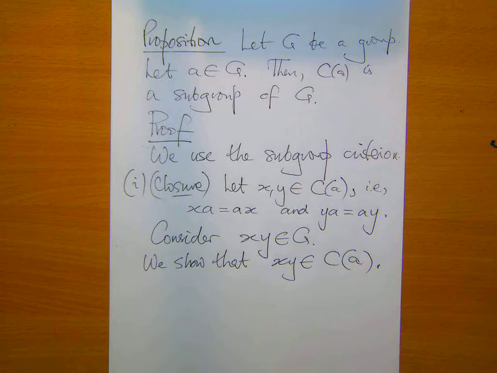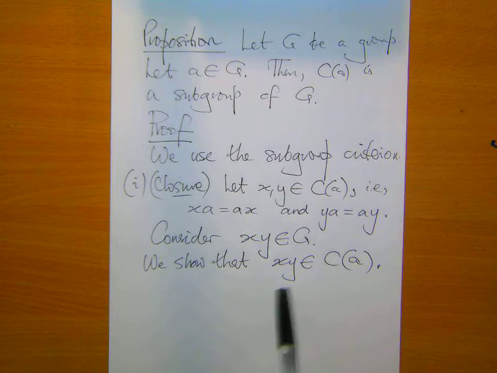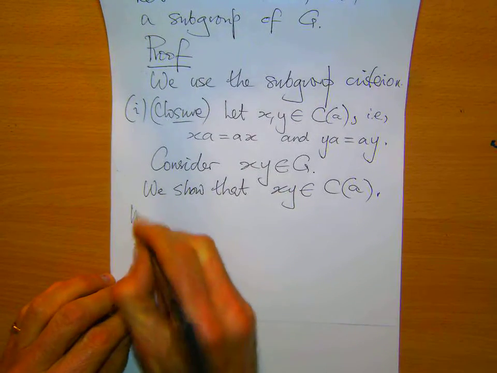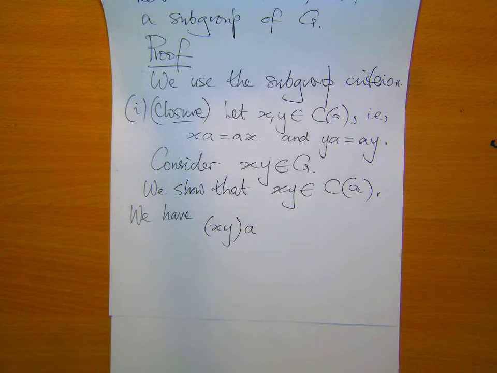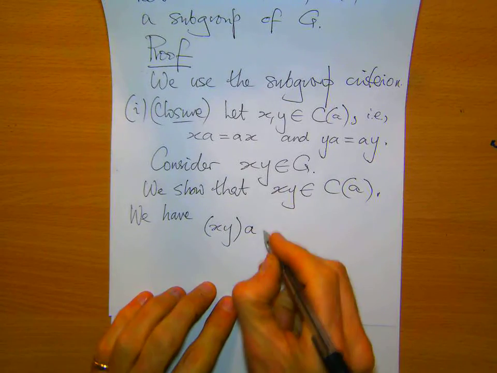Okay, so I've got to show that if I have two elements in C of A, I multiply them together, I stay in C of A. So how do I show that xy is in C of A? Well, C of A is all the elements that commute with A, so I've got to show that xy commutes with A. So I'm going to start with xy on the left of A, and I want to get xy on the right of A. Well, I'll just do it one step at a time.